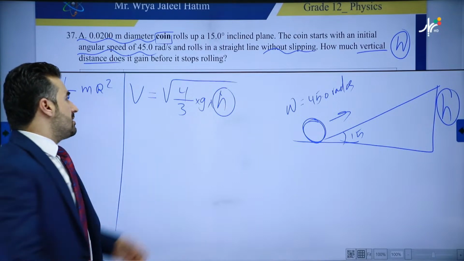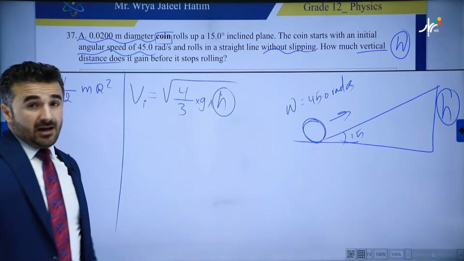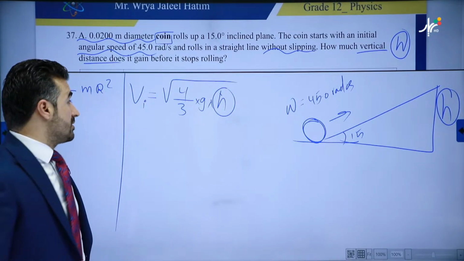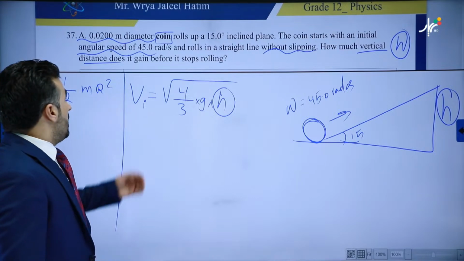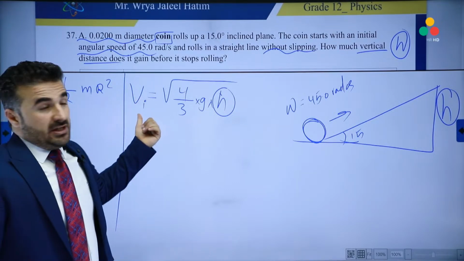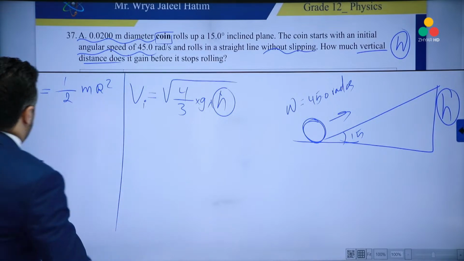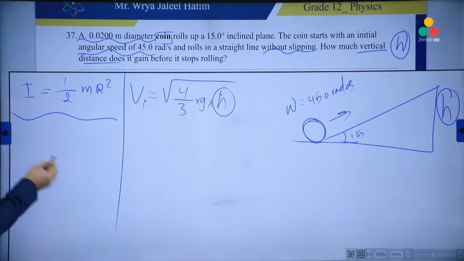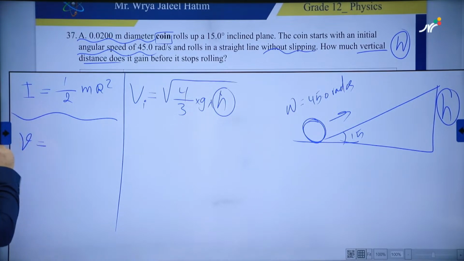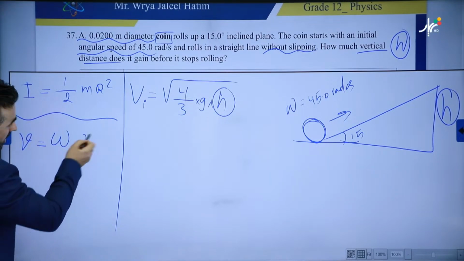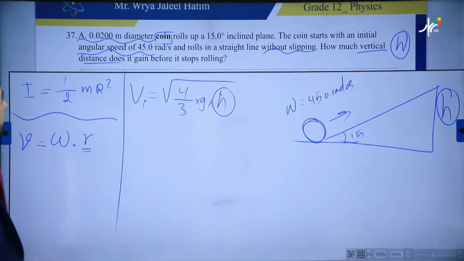But before we do this, that V is the initial translational speed. Do we have the translational speed? No, but we have angular speed, so of course we can find this easily. We know that the translational speed equals angular speed multiplied by the radius. But do we have the radius?